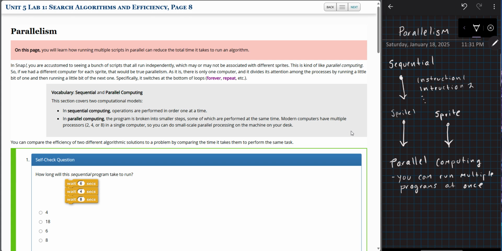So again, going back to what we said about sequential, parallel would be like you have multiple programs running at the same time. Think of these arrows as instructions: instruction 1, instruction 2, instruction 3. Right here you have more, and more right here, and more right here. So they all run at the same time.